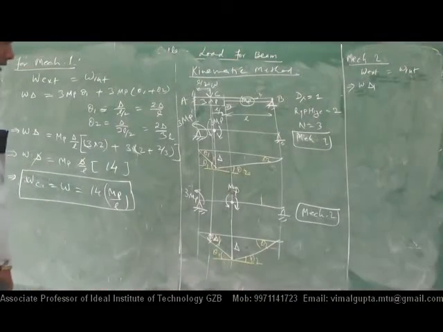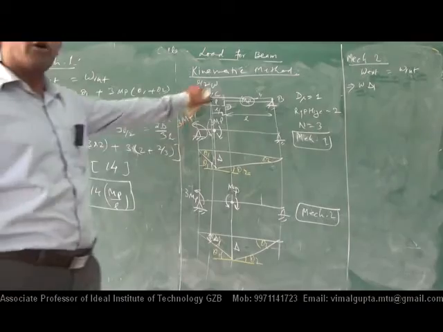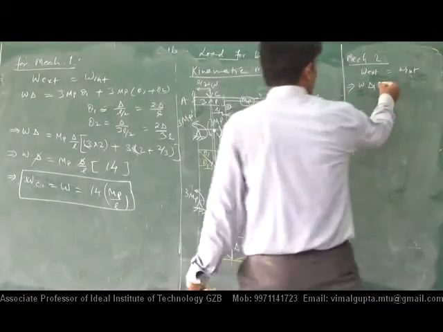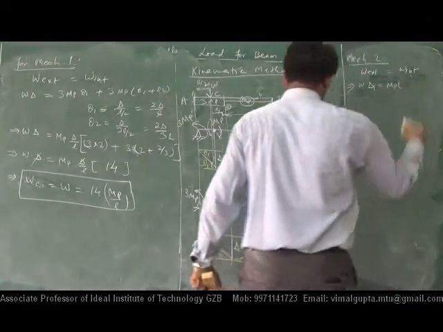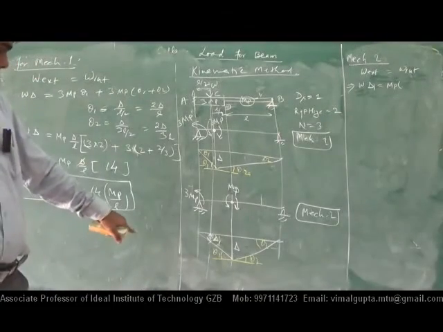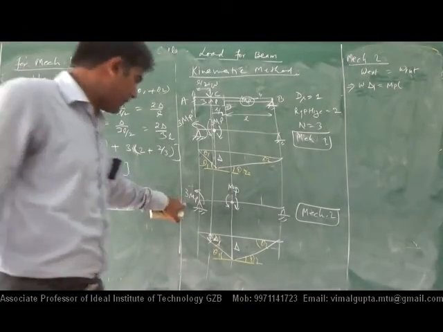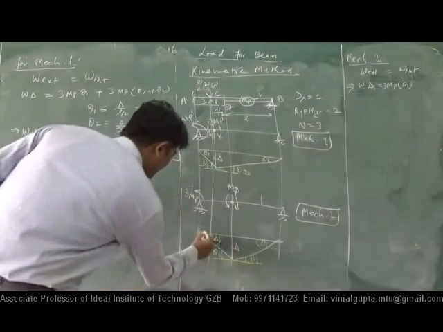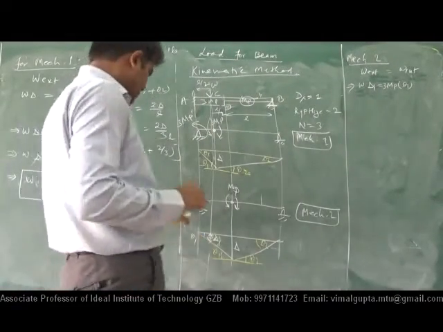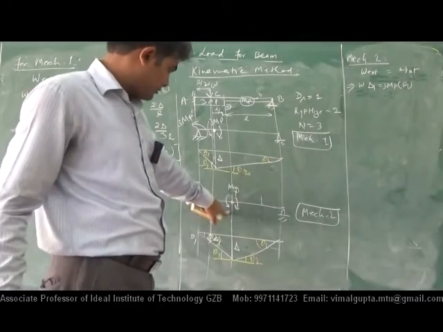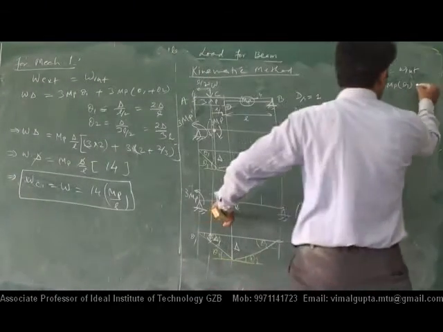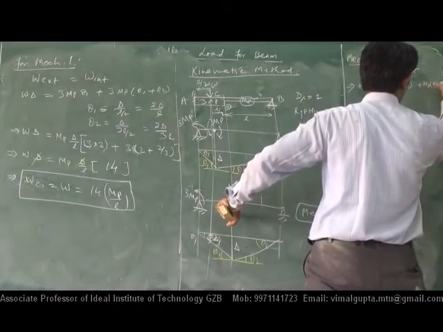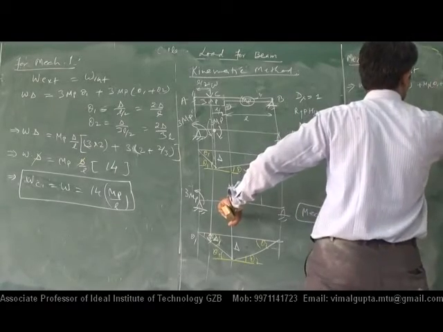Another, no load is there. That should be quoted as MP, where 3 MP by theta 1. That is theta 1, no? Theta 1. And here MP plus MP into theta 1 plus theta 2.